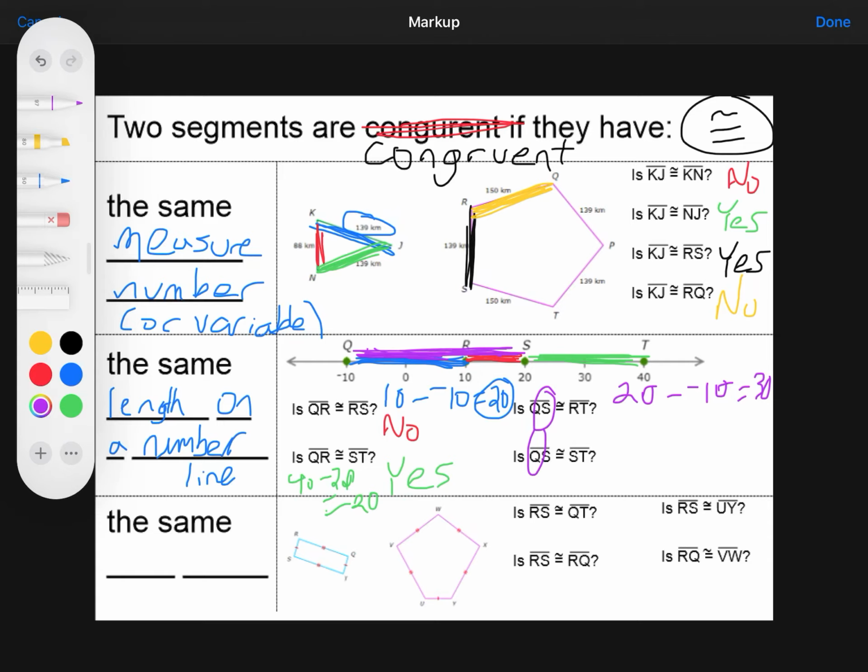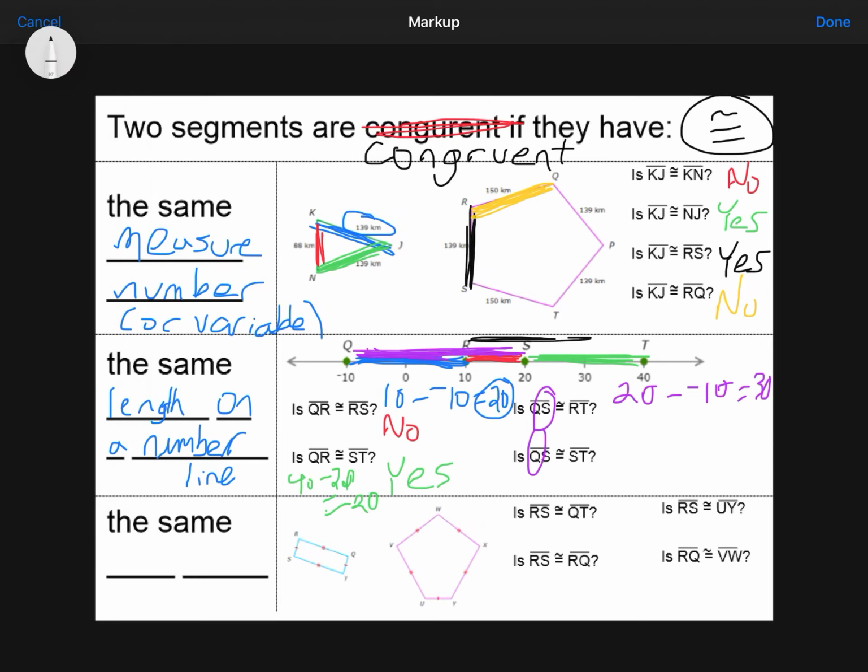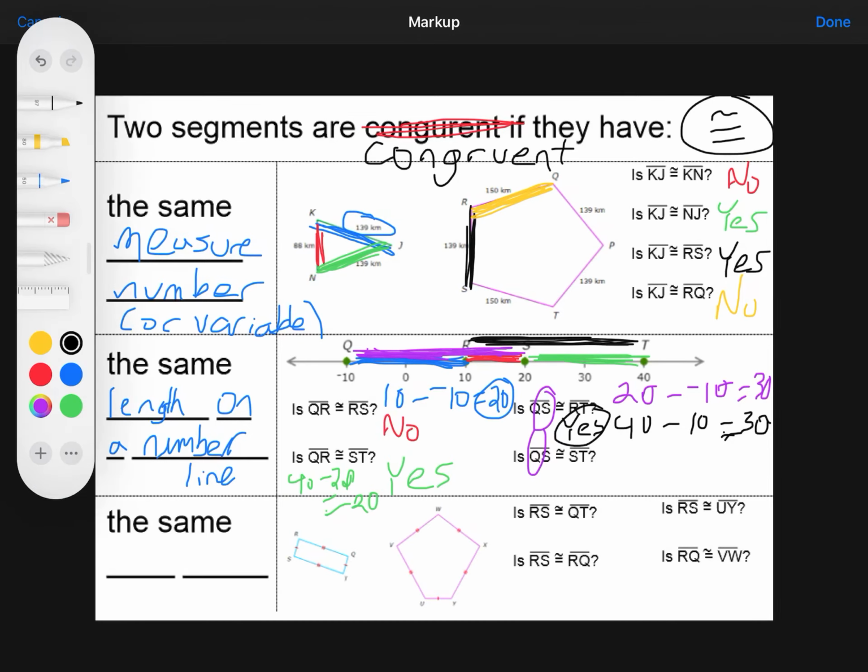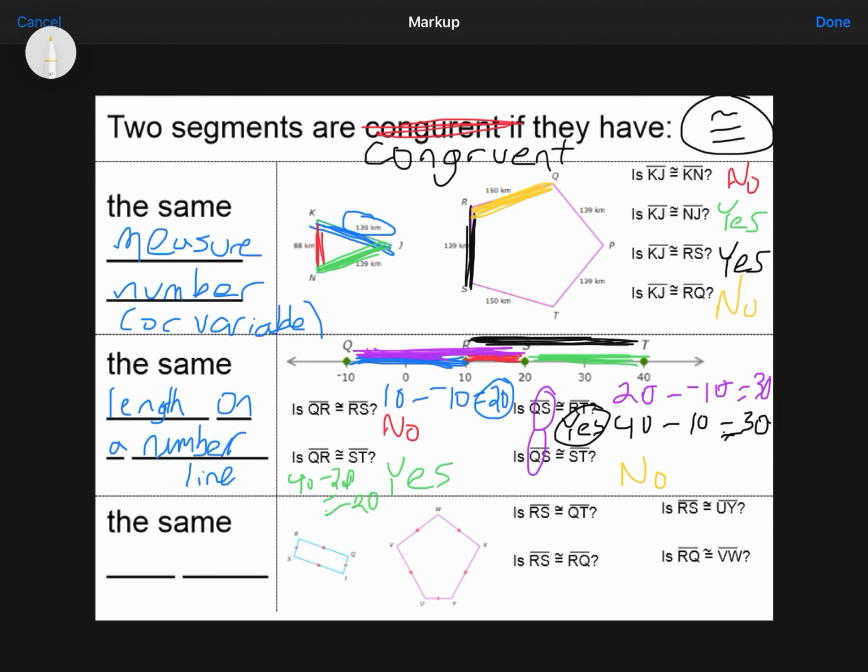And then red and green put together don't make anything great, so I'll just use black here. R to T. R to T goes from 40 to 10. 40 minus 10 is 30. So the answer is yes. They are congruent. If you looked at QS and ST, they're clearly not the same. One of them is 3 spaces apart, one of them is 2 spaces apart, so one of them is 30, one of them is 20, and this one would be no.